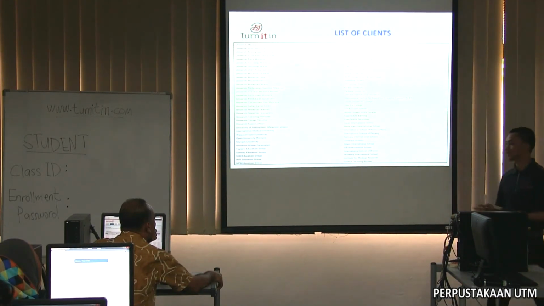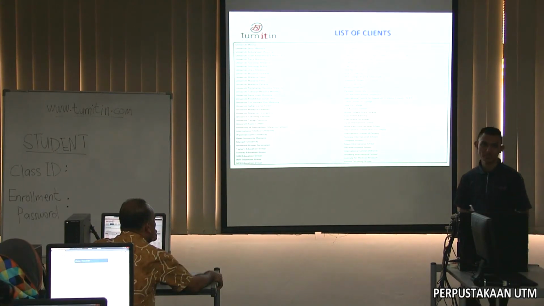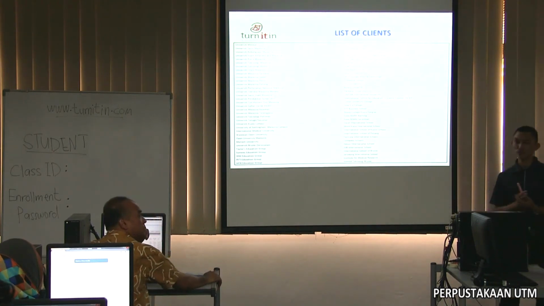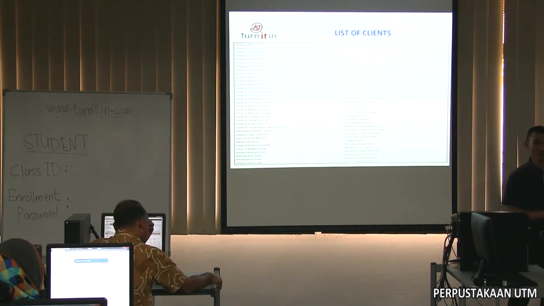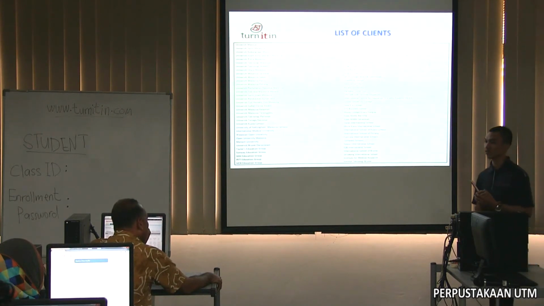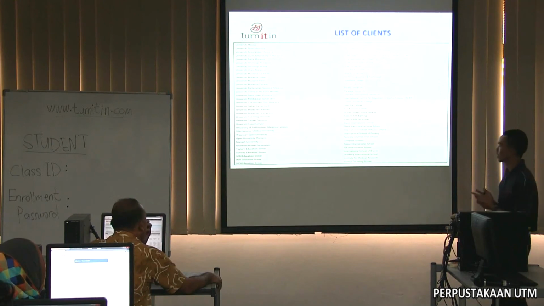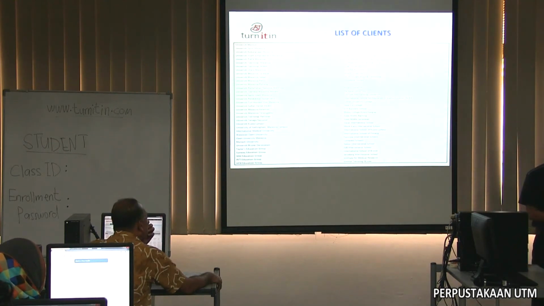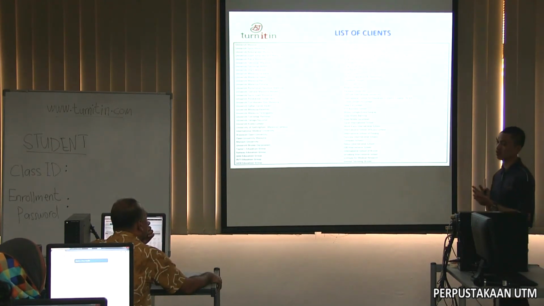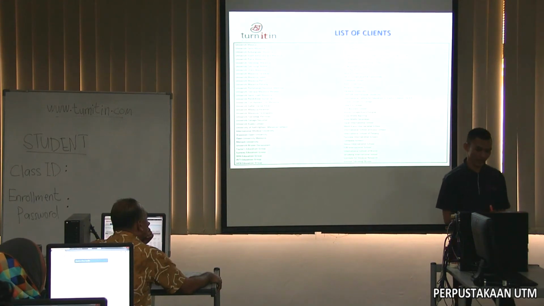When my colleague visited them and asked why they need Turnitin for kids of 6 or 7 years old, they told us that their main intention is not to catch the students, but to groom and educate the students from young. So when the students grow up to this level, they will know what to do. They will know how to write instead of just copy and paste like me. That's their main objective.